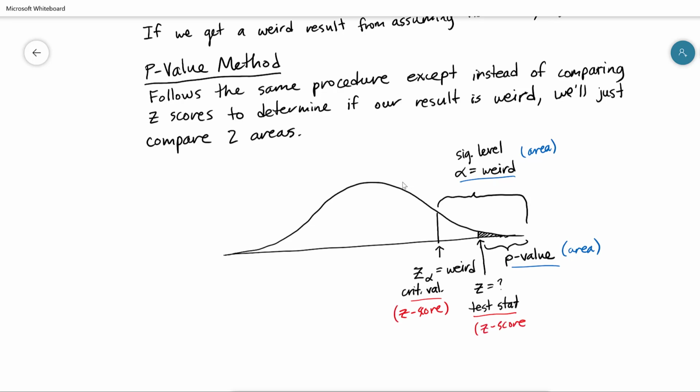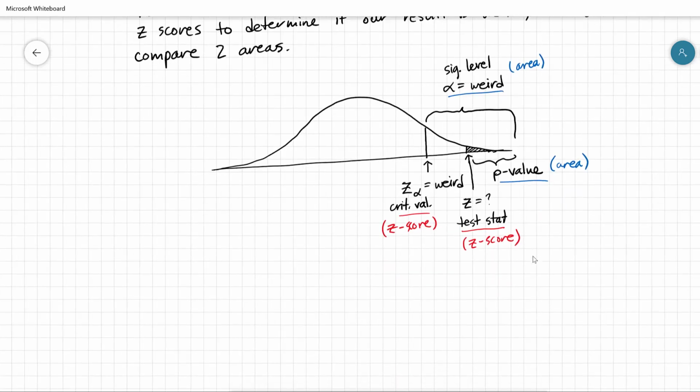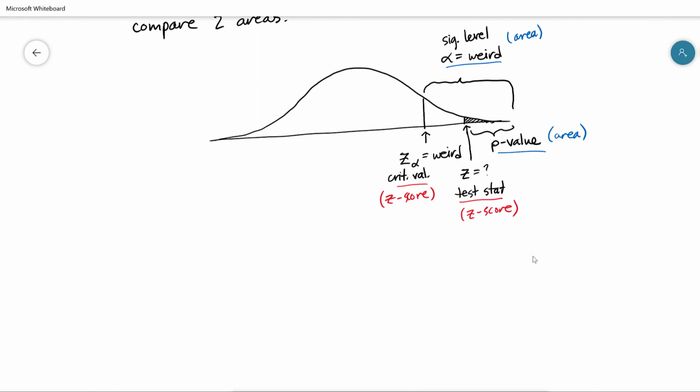We can compare either of those two, and that's the only difference between the critical value method and the p-value method. The p-value method is nice because this area, the p-value, actually gives you the probability. So the p-value method is generally preferred.